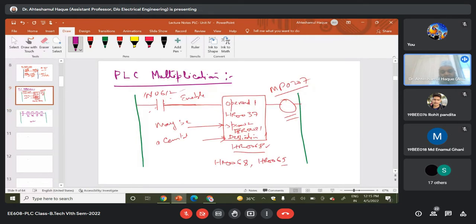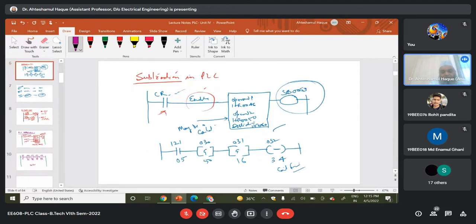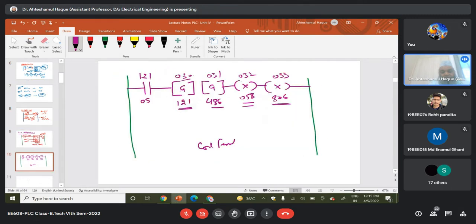If you look at the coil format for subtraction and addition, this number minus this number, minus here, so this 34 got stored here. Similarly, if you see this into this, when multiplied, the first 8 bits will come here, the next 8 bits will come here. So the result will be 16-bit. Now if you do not have a 16-bit result, you have an 8-bit result, then only one block will come here, only this, or 32 or 33, wherever you are storing.